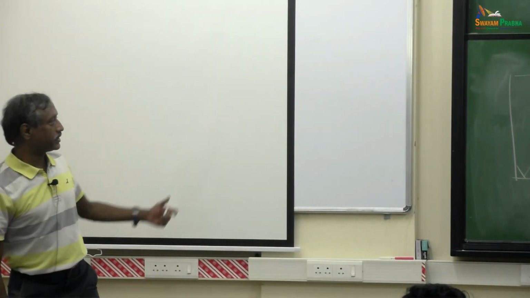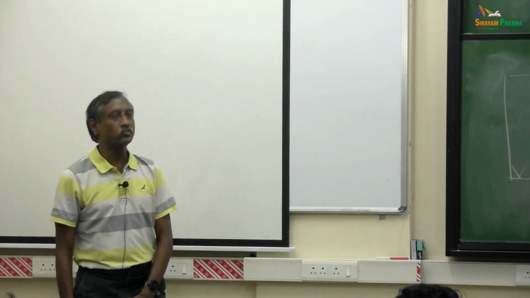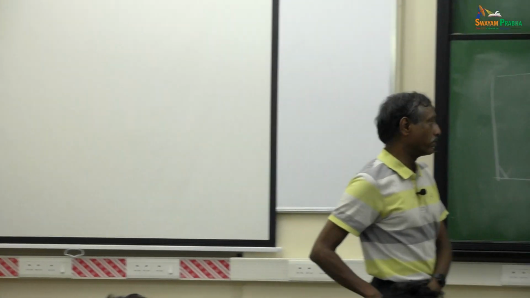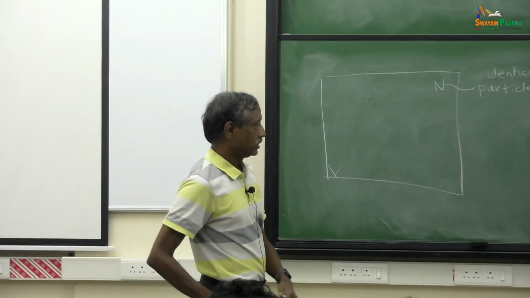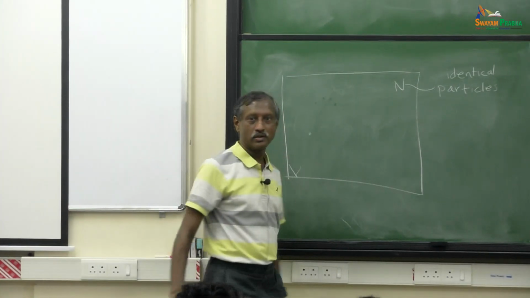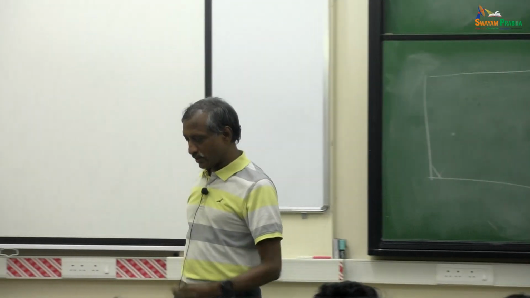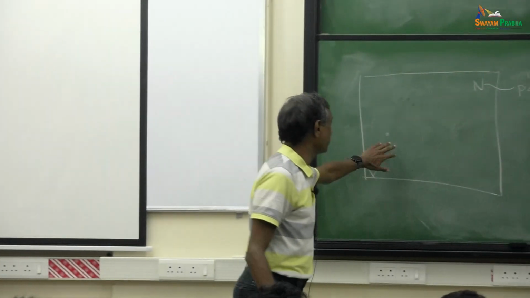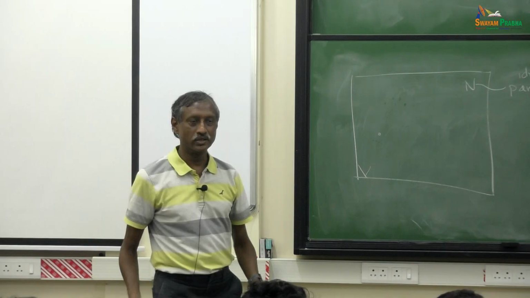So the whole idea is that there are a bunch of particles, they are moving around, there are collisions with the walls, collisions among themselves, etc. A lot of things going on. So we could focus on one particle, and try to track it and ask what is the velocity.